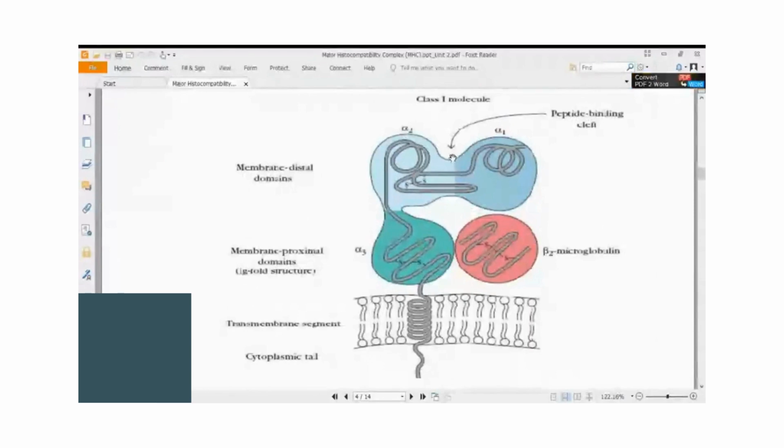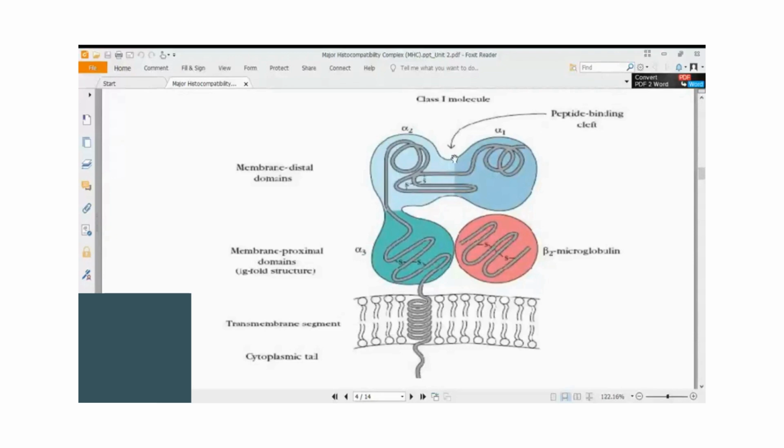Now occasionally the class 1 MHC will also present the antigens of pathogenic origin if the pathogen is there within that cell. At the same time, if a cell has transformed into a cancer cell, that cancer antigen is also presented in the peptide binding cleft or antigen presenting cleft.